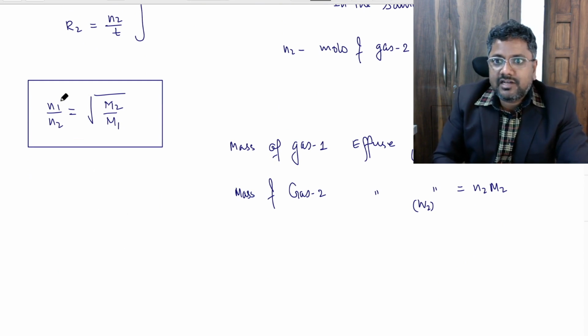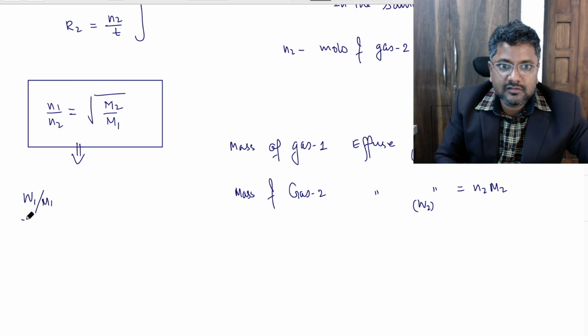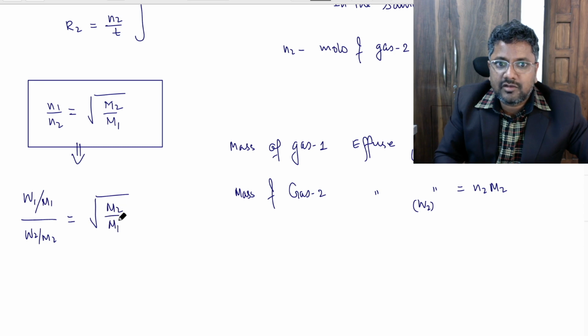In place of N1 you can write W1 by M1. So from this equation you can write W1 by M1 by W2 by M2 is equal to root of M2 by M1.